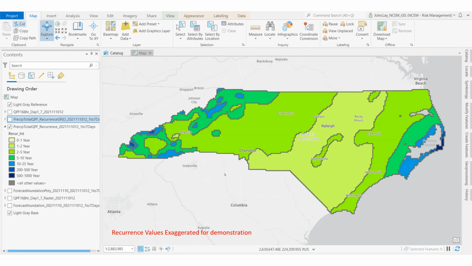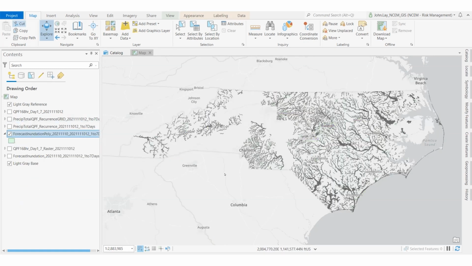And if you take that and simplify it so that you have not 1,000 polygons, you have just a couple, you can clip out the floodplain boundaries to those polygons.